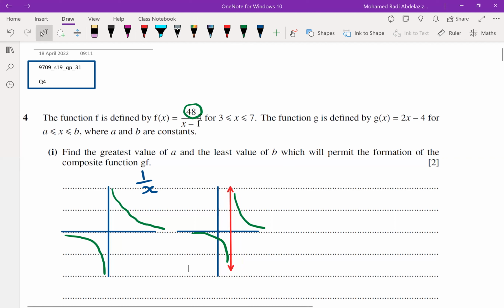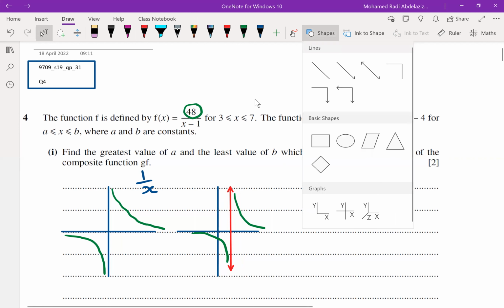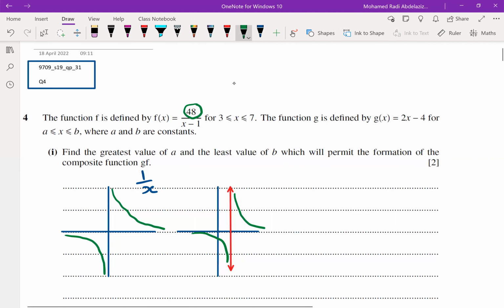If you multiply it by 48, it will be the same but stretched. So the graph of 48 divided by x minus 1 is recognized now. But this function has a given domain. The domain is from 3 to 7.